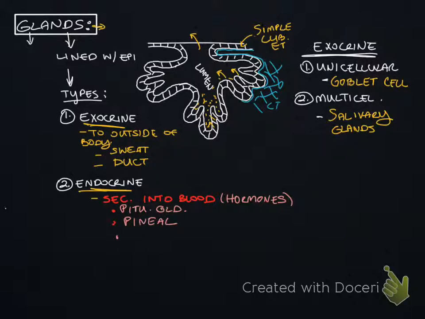I could go on here. We have the adrenals; these are considered glands. Even the pancreas has both endocrine and exocrine function. So we could put the pancreas here on both, because it does both of these. Okay, so those are just some examples.